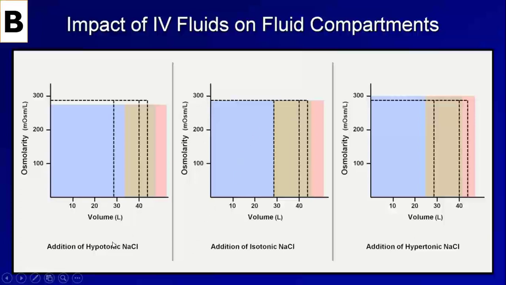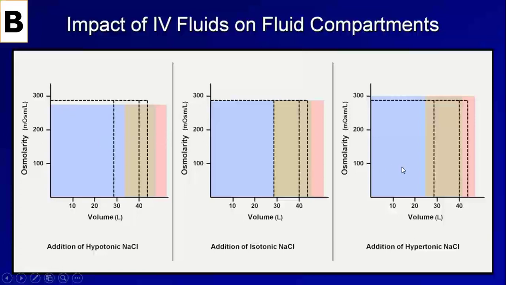If I add 1 liter of hypotonic solution, hypotonic means that the intracellular compartment will increase. So the cellular element will increase. Both the interstitial and the intravascular will increase, and the osmolarity will drop.